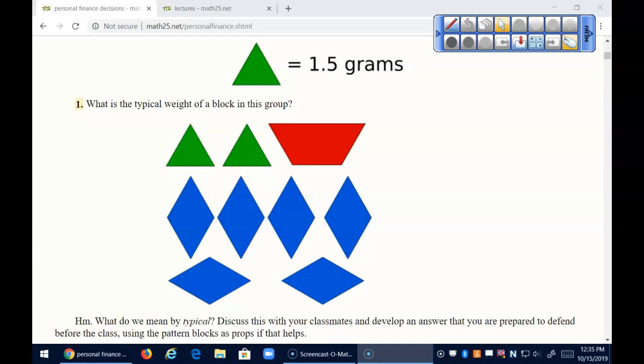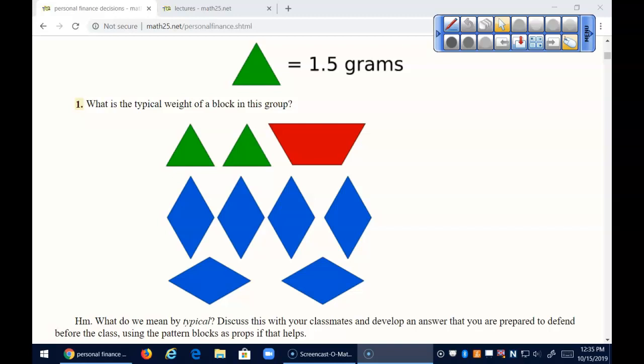Trisha, right? Yes. So my idea is that I would throw away the biggest and smallest, and in the middle would be the 3 gram middle blocks. Okay, so I'll hold it up. 2 green make a blue.